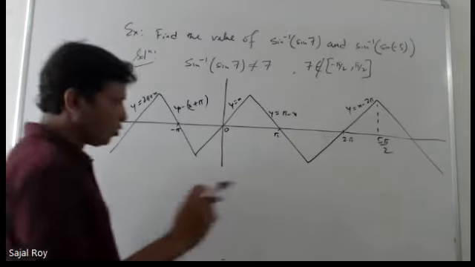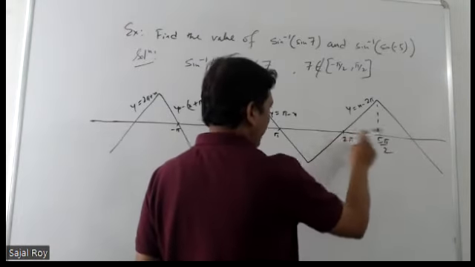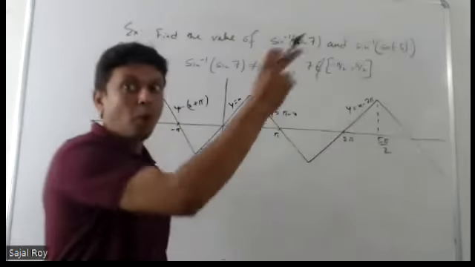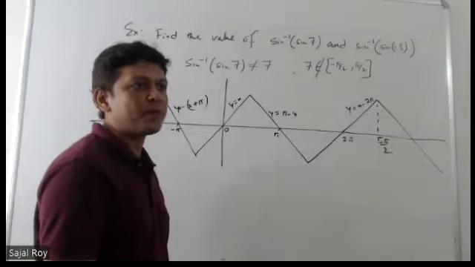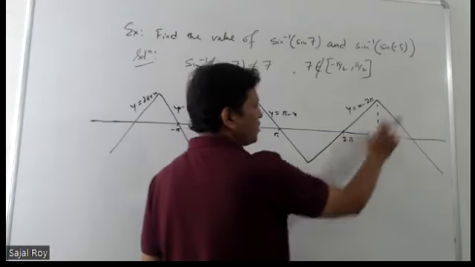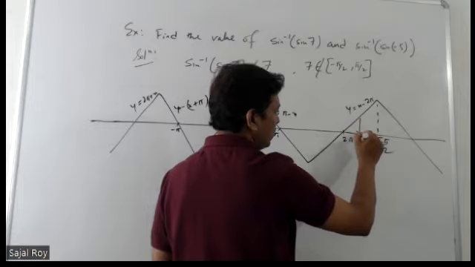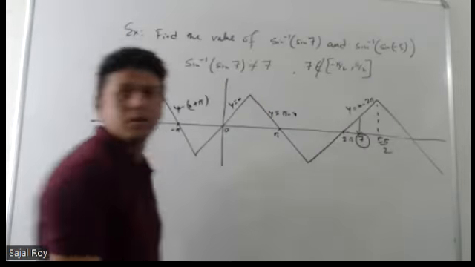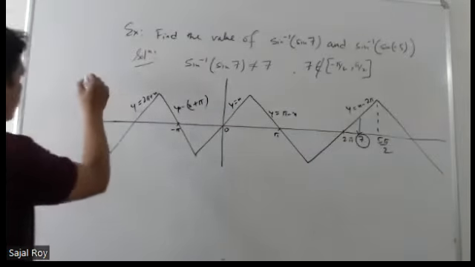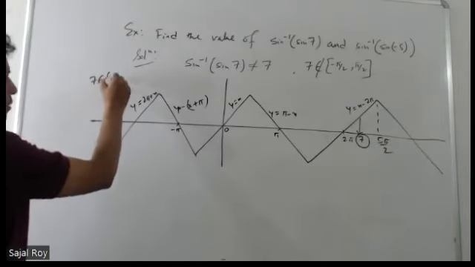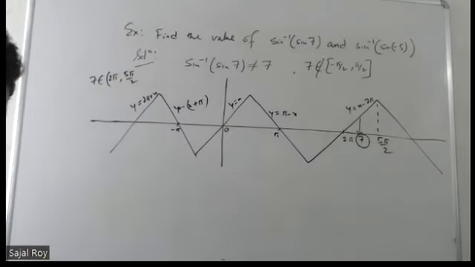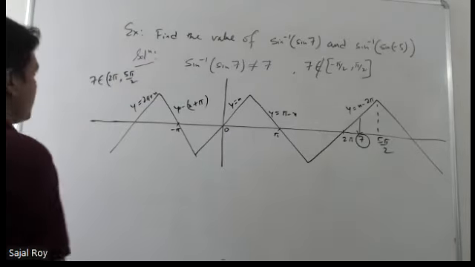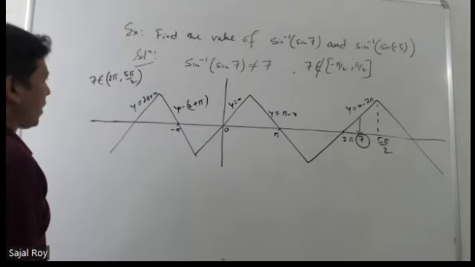Not after 5 pi by 2, but between 2 pi and 5 pi by 2. Because 3.14 into 2 is going to be 6.28, and 7 is more than this. So 7 belongs to the interval 2 pi to 5 pi by 2.